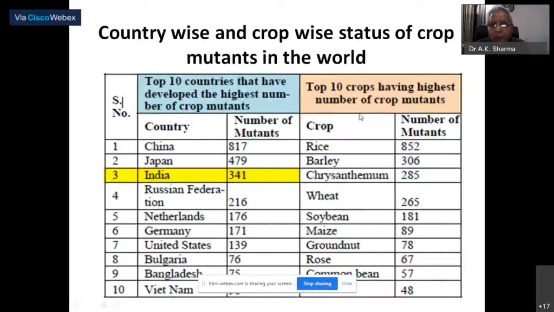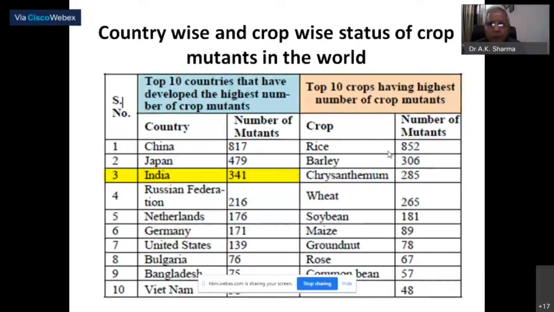And the top 10 crop varieties which have been developed through mutation breeding include rice 852, barley 306, chrysanthemum 285, wheat 265, soybean 181, maize, groundnut, rose, and so on.